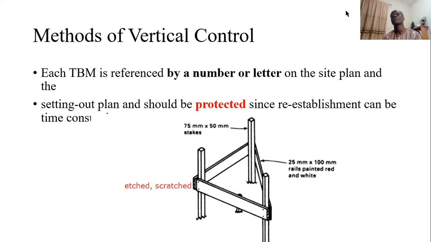So we should do that, and we should also protect our vertical control. TBM is a vertical control, a temporary benchmark. Basically, you need to protect it.